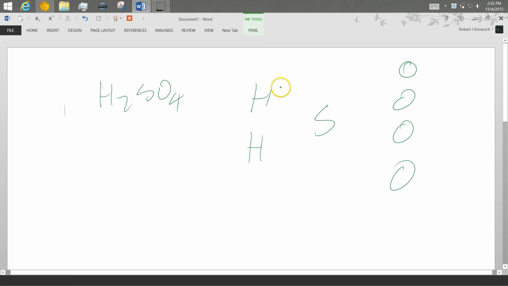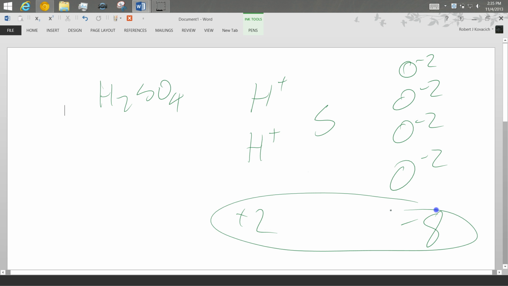And we already know that the charge on the hydrogen is a plus, and the oxygens are -2, -2, -2, -2. So that gives us a total of -8 and a total of +2, but these things need to be 0. And right now what I've got is a leftover -6. So that means the charge on the sulfur must be a +6 to get that to cancel out, because that's what we're going for.